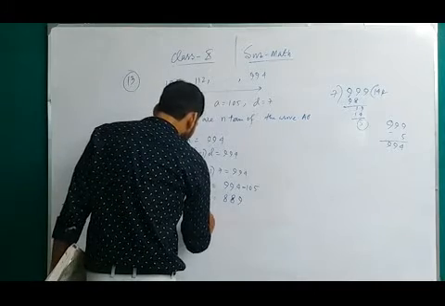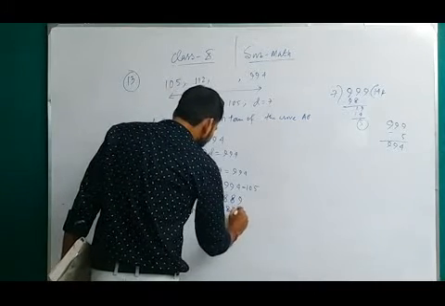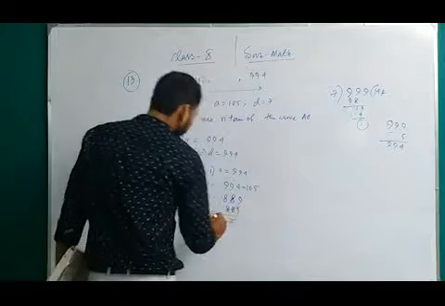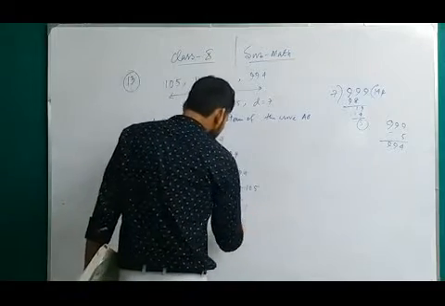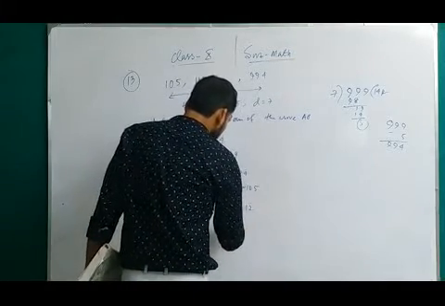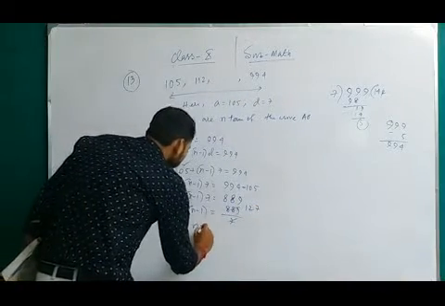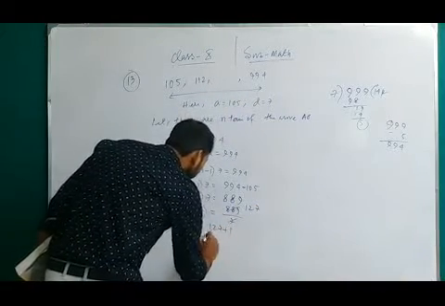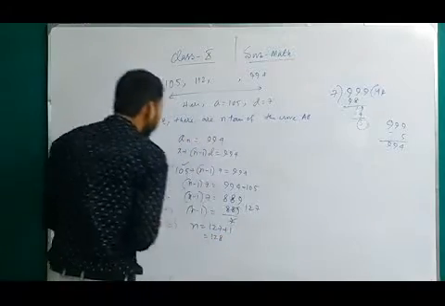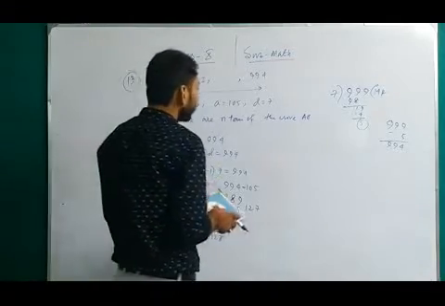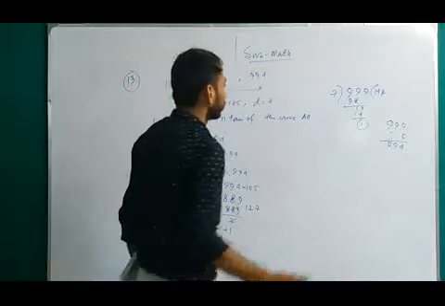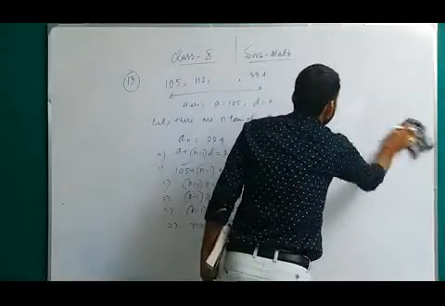So n minus 1 equals 889 by 7. After dividing, we will get 127. That means n equals 127 plus 1, that means 128. That means there are 128 terms in the above AP.